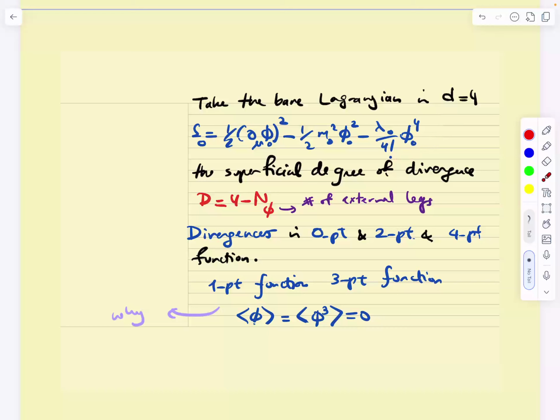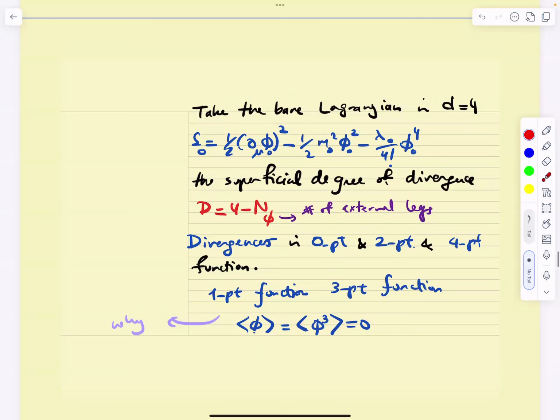So the phi 4 theory is a special case where the coefficient of V, the number of vertices, vanishes. Then in 4 space-time dimensions, the divergences are in the 0-point, 2-point, and 4-point functions. The 1-point and 3-point functions vanish. Hopefully you remember, this has to do with the Z2 symmetry, phi 0 going to minus phi 0.